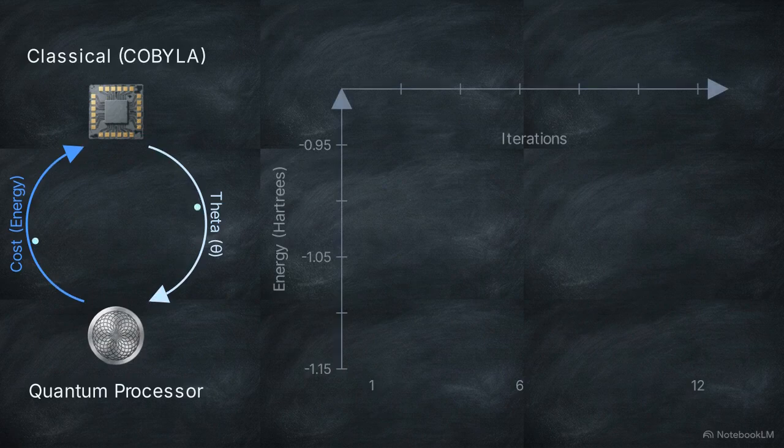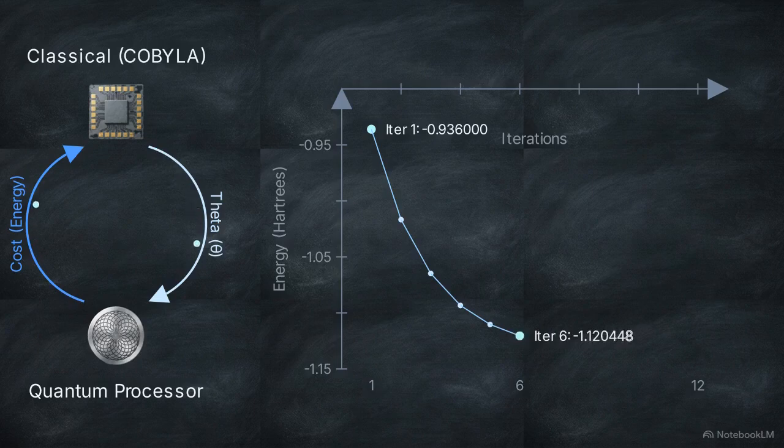At iteration 1, the starting parameter of theta equals 1.0, yielding a high unstable energy state of negative 0.936000 Hartrees. A Hartree is the standard atomic unit of energy used in quantum chemistry. Over the next few cycles, the algorithm makes rapid, large adjustments as it hunts for the correct mathematical gradient leading downward. By iteration 6, the recursive loop steepens the descent, dropping the calculated energy sharply to negative 1.120448 Hartrees.